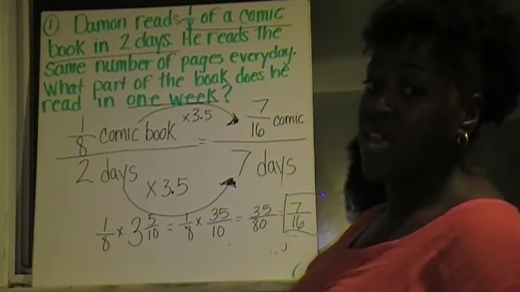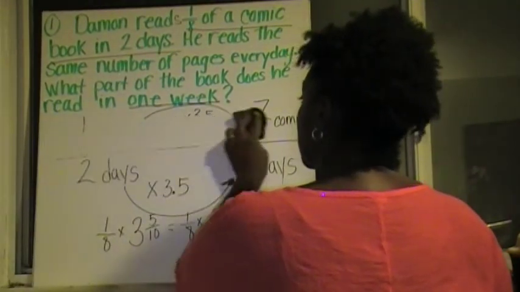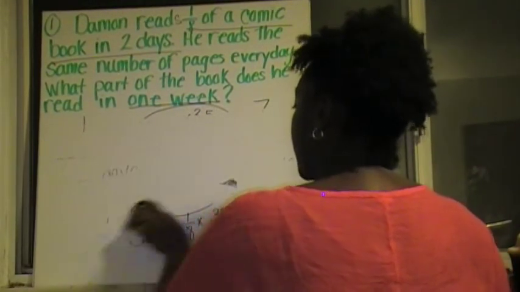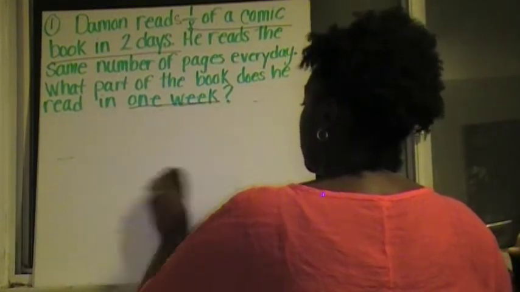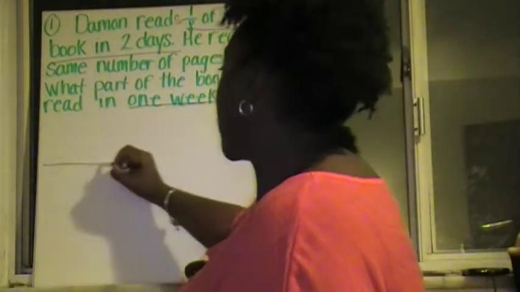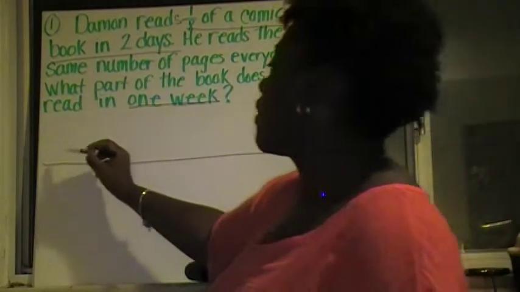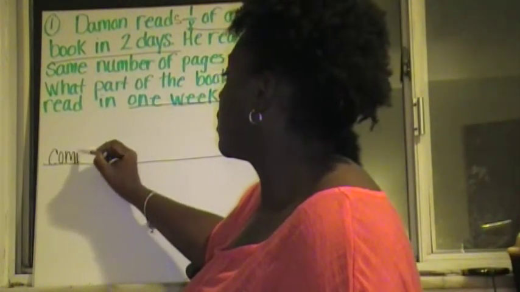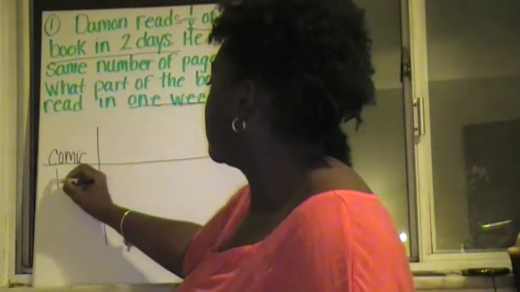Take a minute to look at that. I'm going to erase this. Okay, so make my table. What are my 2 units? My 2 units are the comic book, and I'm just going to put comic, and days.